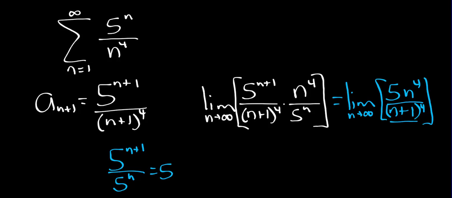And up top we've got an n to the fourth. So whenever the degree on the top and the degree on the bottom are the same, remember it's the ratio of the leading coefficients. So we've got 5 n to the fourth over 1 n to the fourth. That's just going to be 5 over 1. So this limit is 5.